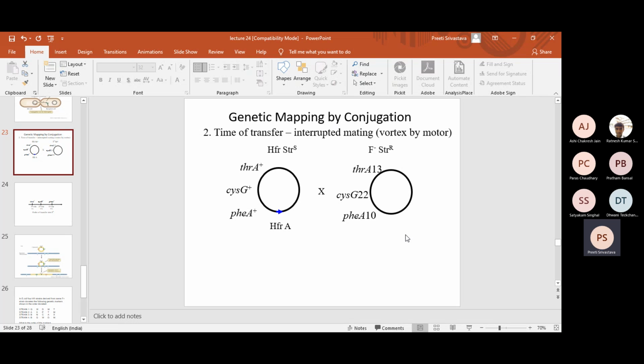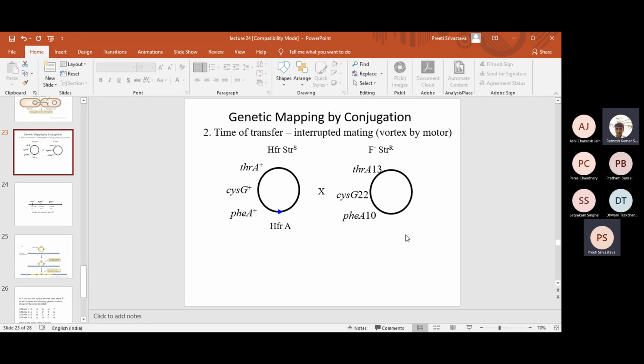So ultimately, as a result of mating, what can happen? Any guesses? From HFR we are allowing the mating from HFR to F minus.